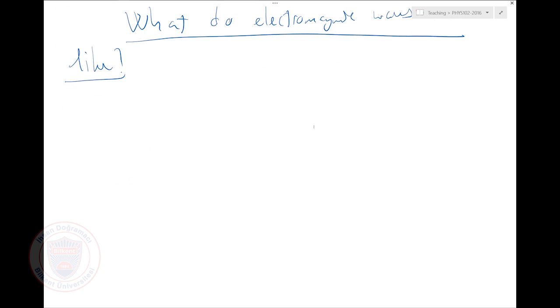First of all, there is a direction of propagation, so they are propagating waves. They go along some direction, right?